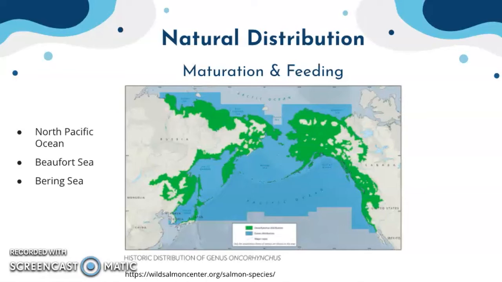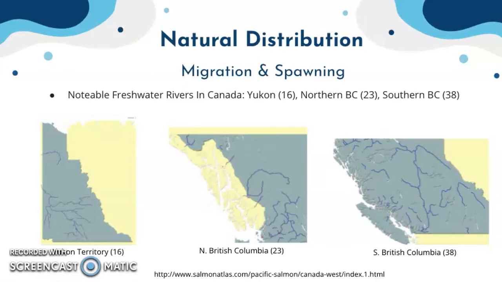Once the Pacific salmon mature, they will make the journey up coastal freshwater tributaries to their spawning grounds, where they will mate and die shortly thereafter. This phase of the life cycle happens in the fall. In Canada, along the west coast, there are many rivers they swim up to spawn.